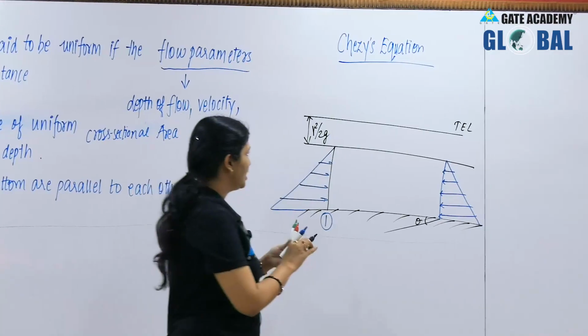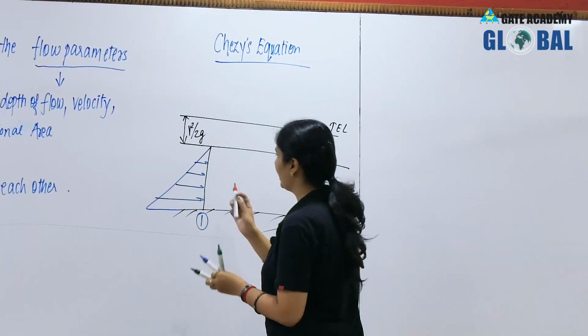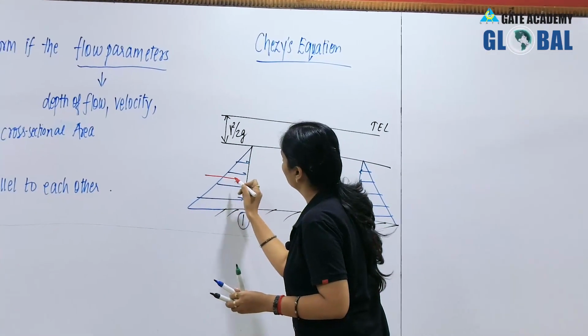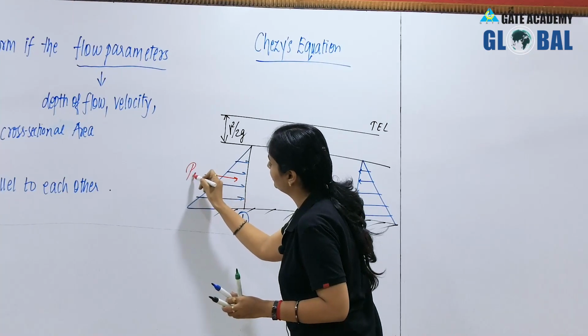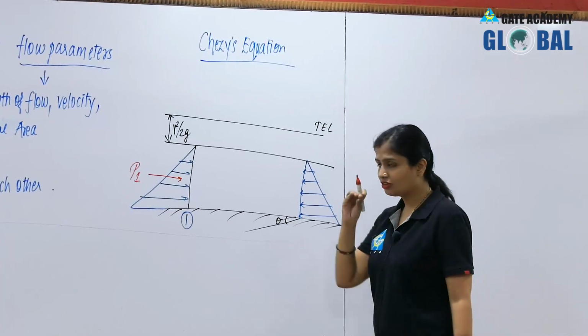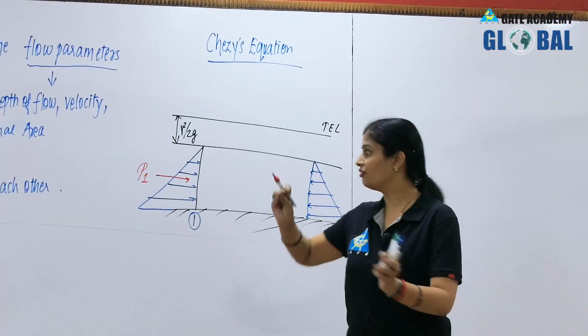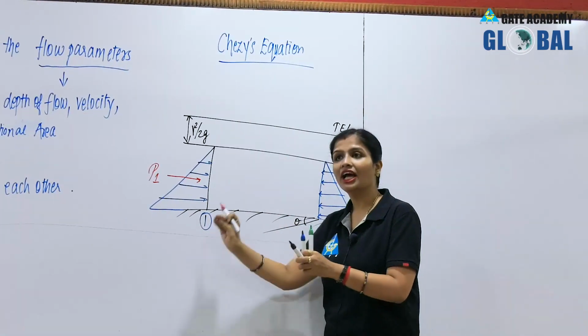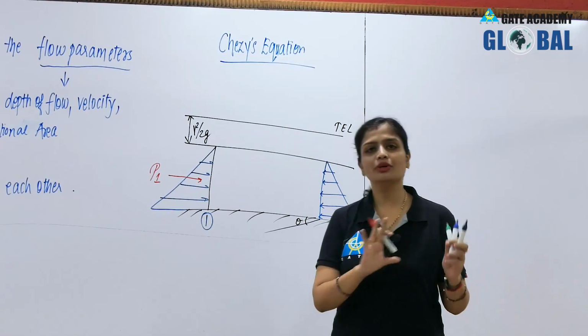Now, on this side the hydrostatic pressure force is acting, that is P1. You can denote it by Fn also, because I don't want silly doubts like why I have written P1. P is for pressure and F is for force; you can denote anything.